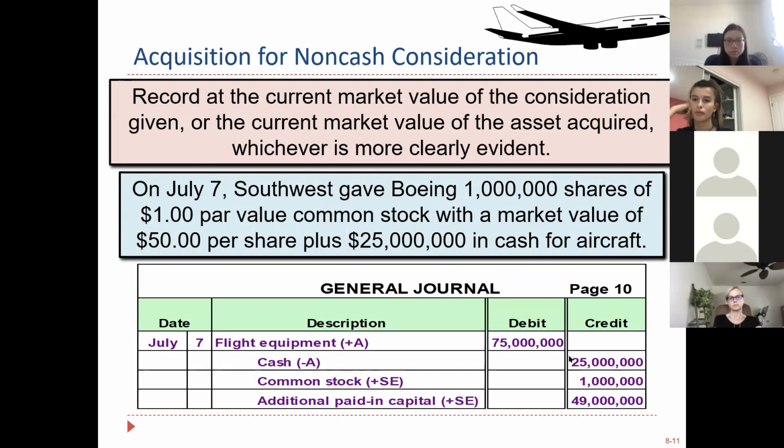They gave up cash, and then they gave this company stock that's worth $50 million. That was the market price on that day. So just like when you issue stock, you credit common stock for $1 million and credit the difference between the 50 million and the par value. You good with that?